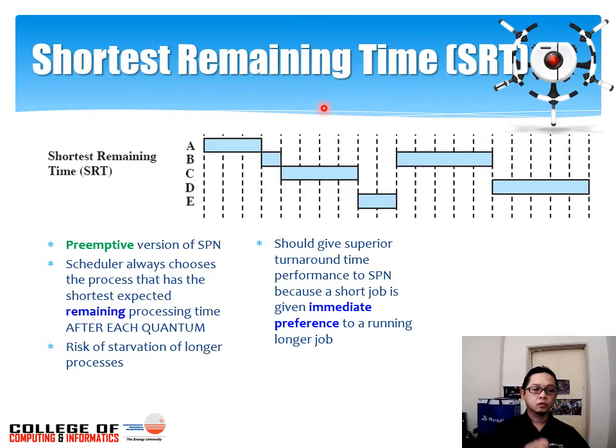So for shortest remaining time, we look at this example whereby after each execution and after the arrival of a new process, it needs to make a decision based on the shortest remaining time of the processes. So how will it actually do that? We look at the next slide for the explanation of the method.